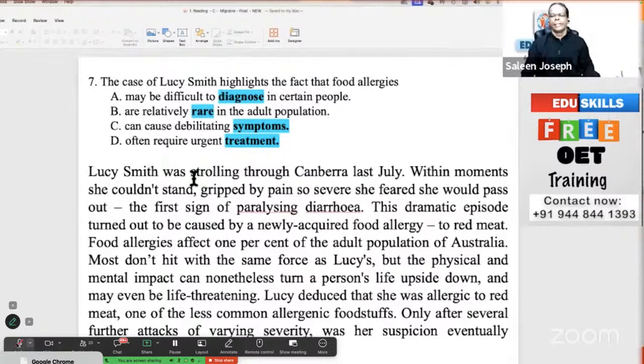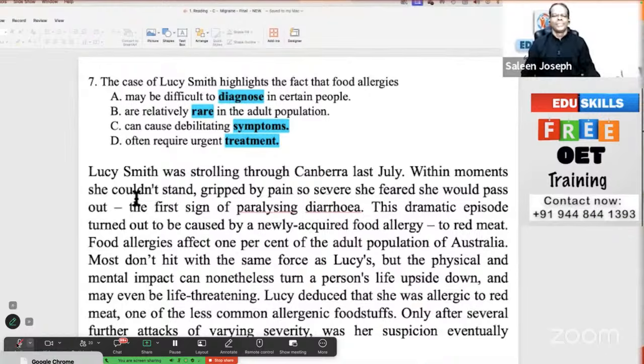Strolling means walking. Canberra is a city in Australia. So what happened to her? She was walking. Within moments she couldn't stand, gripped by pain so severe she feared she would pass out. The first sign of paralyzing diarrhea. So among these four, do you find diagnosis or prevalence or treatment or symptoms?